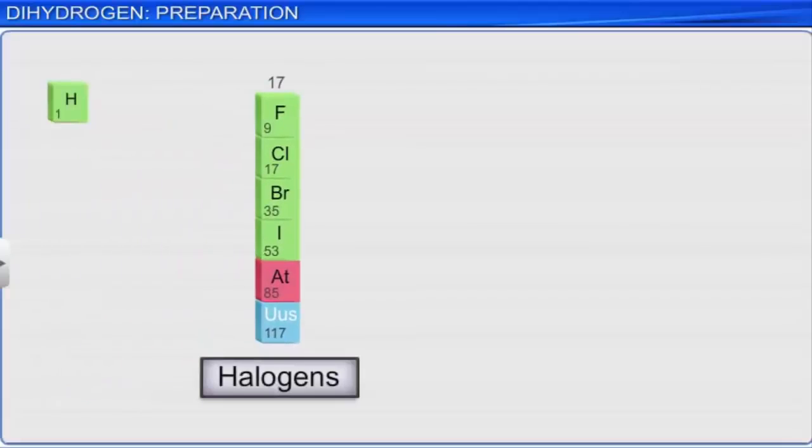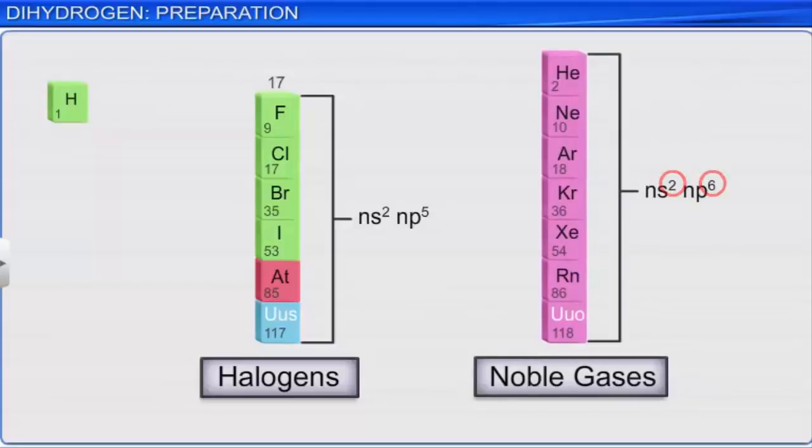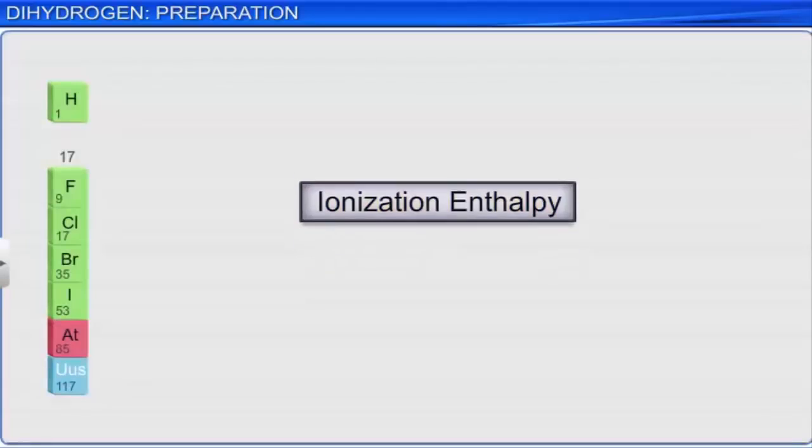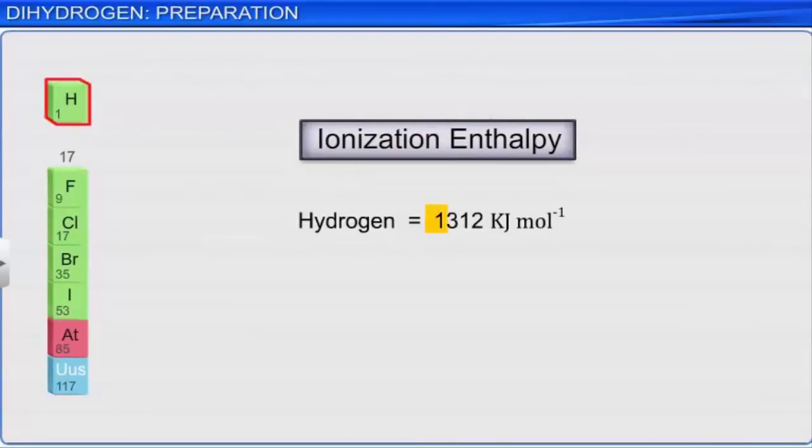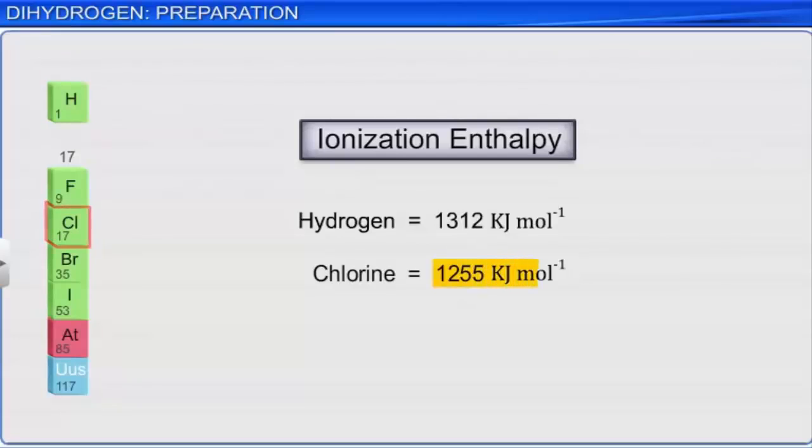This is similar to halogens, which have an outermost shell configuration of ns2 np5 and need just one electron to attain noble gas configuration. The ionization enthalpy of hydrogen, 1312 kilojoules per mole, is very close to that of halogens like chlorine, 1255 kilojoules per mole.